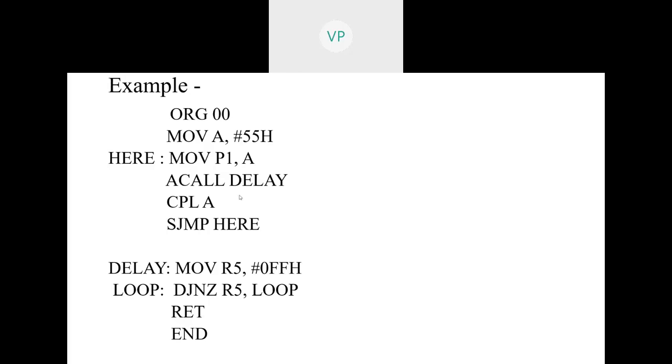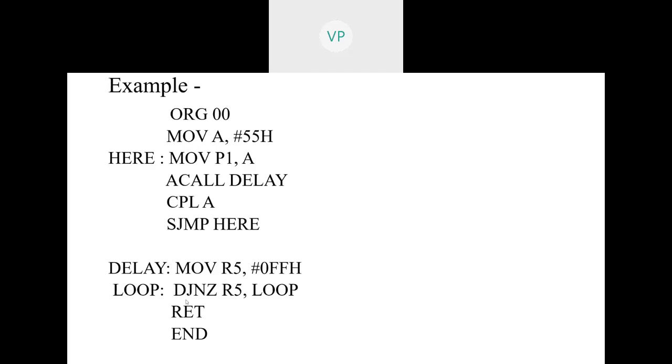Since we have DELAY here, in the program code you have some memory address for that, and that address will be stored in the program counter, so that the program counter has the address of the subroutine. The processor will execute this instruction, MOV R5, #0FFh, which is stored into R5.